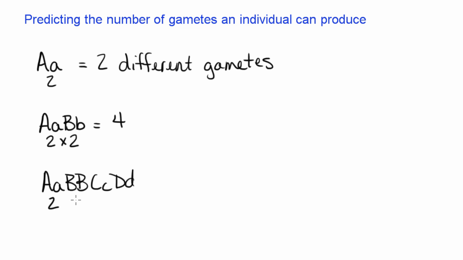So since that is the case, I'm going to put a 1 there for my B's. For the C's, I have a capital and a lowercase, so that's 2 different ones. And then for D, I have 2 different ones there. And we do the same thing, we're just multiplying straight across. Make sure that you do multiply and you don't add here. And so when we multiply across there, 8 is going to be the total number. So there's 8 different gametes that would be produced by that particular parent.